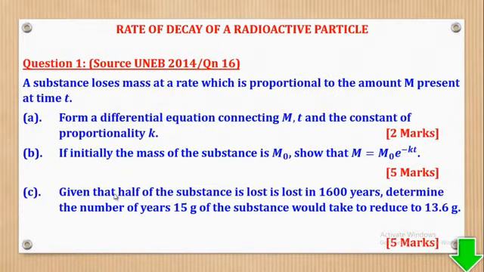They told us that given that half of the substance is lost in 1600 years, determine the number of years 15 grams of the substance would take to reduce to 13.6, meaning that 15 was the initial value, that is m naught, and 13.6 is the amount present at time t, that is capital M.